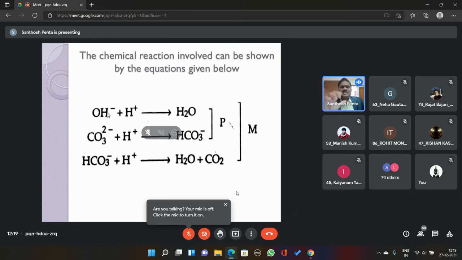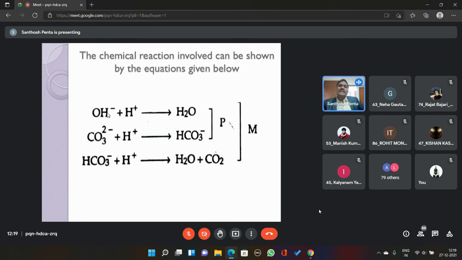Here one more logic is there. There are different types of alkalinity. Sometimes the alkaline water may have hydroxide ions alone. Say, for example, you randomly find some water that is alkaline and contains only hydroxide ion.